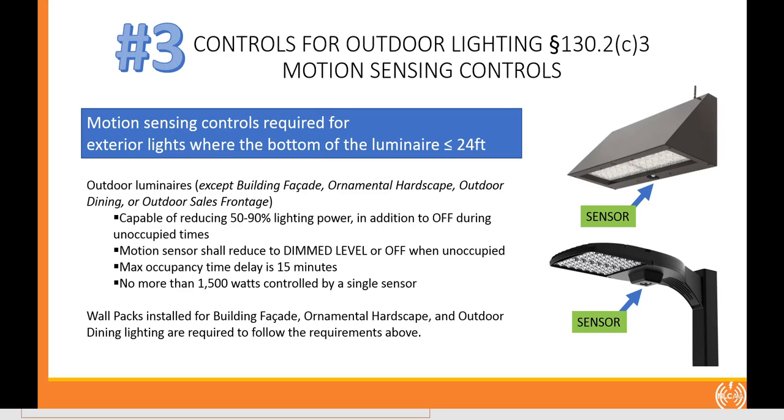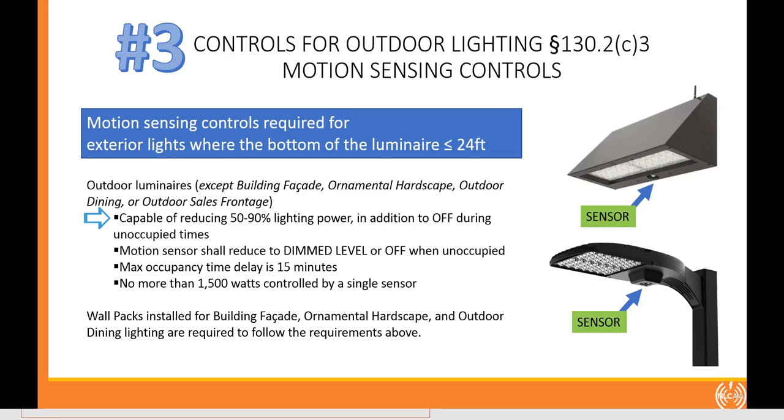And with this motion sensing controls, we're talking about the motion sensor being capable of reducing 50 to 90% lighting power in addition to off during unoccupied time. So they're talking about having that capability, okay? And most sensors, the way it works, motion sensors for exterior, they'll just use a dimmable type motion sensor to dim the driver of the exterior light to achieve that low level step.